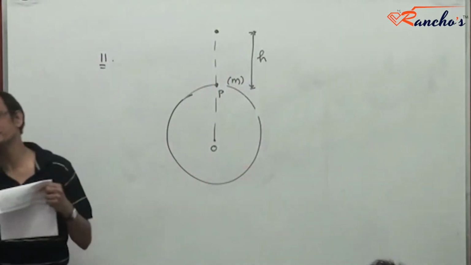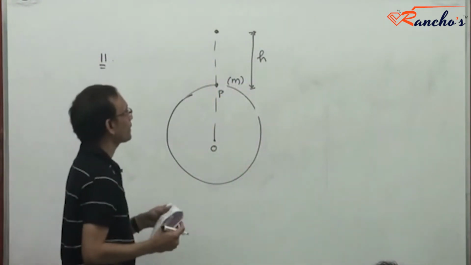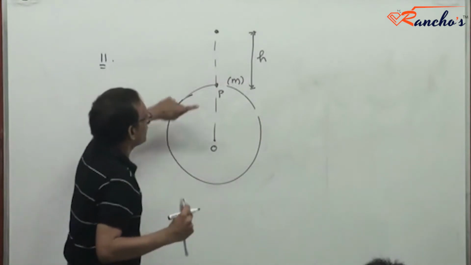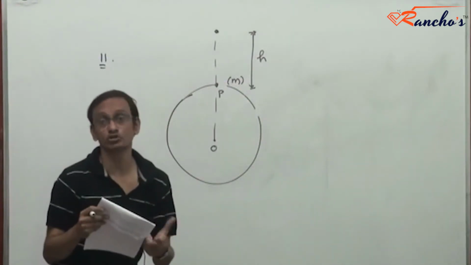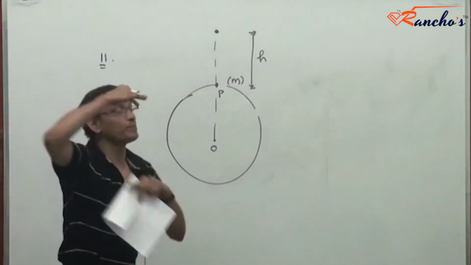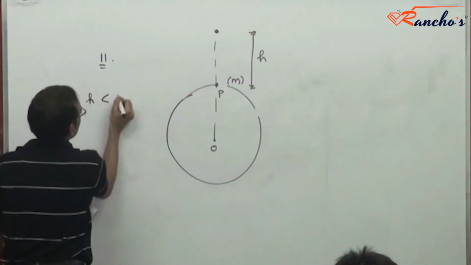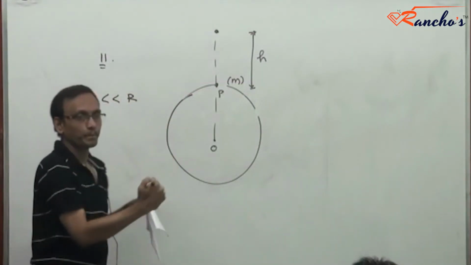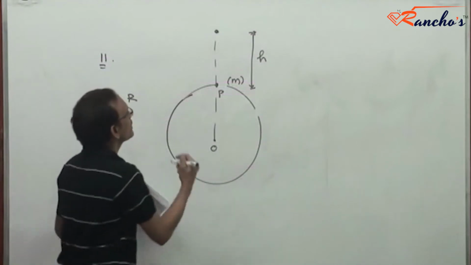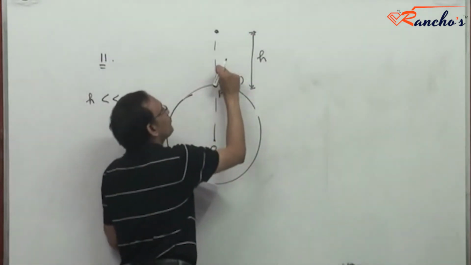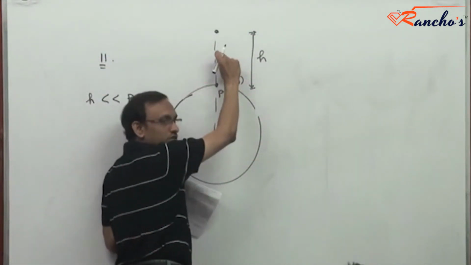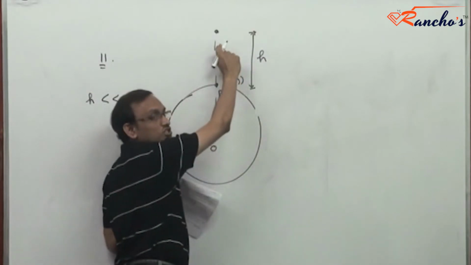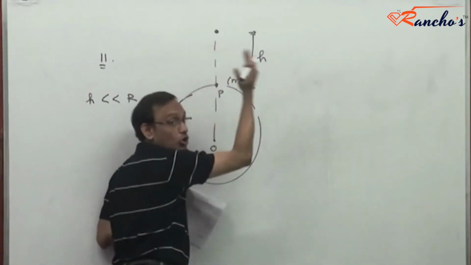That means there is no change of kinetic energy, right? Now, if h is much smaller compared to the radius, then g is practically constant. And the external agent applies an upward force equal to mg all the time, which is a constant force.